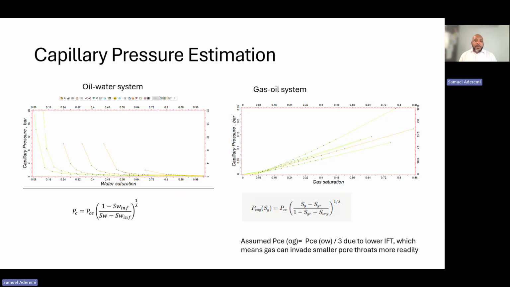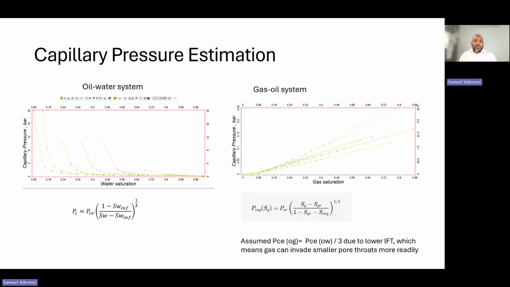For instance, if I know the entry pressure for the oil water system, I know that due to lower interfacial tension, the entry pressure for the gas oil system will be lower. So I might find an appropriate factor, which can also be an instrumental parameter, to reduce the one that I have in order to be able to make this calculation happen.